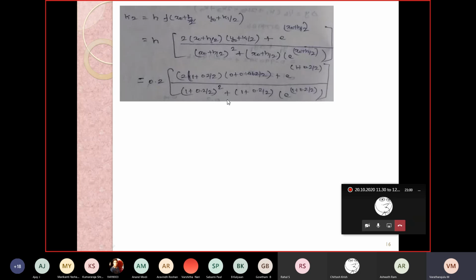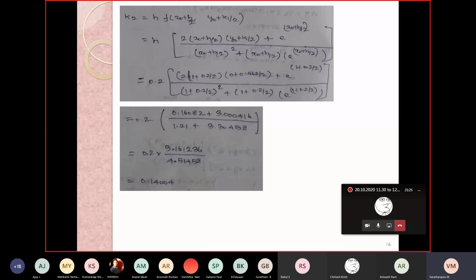And here plus 1.1 into the same result of 3.004. By doing the simple calculation, it is 2 into 1.1 into 0.07 something plus 3.004 divided by 1.21 plus 1.1 into 3.004, and you will get 0.1400.